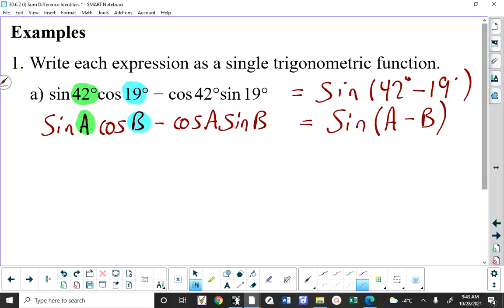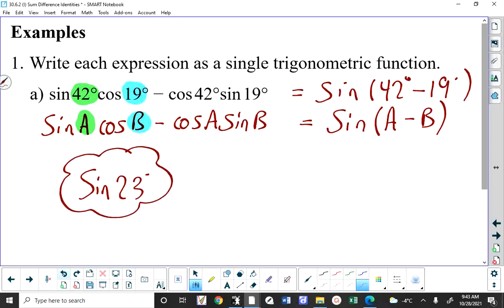Am I right? Is it 23? So sine of 23 degrees. And again, we're into an area here where it's like, seriously, who cares? Well, I care because I'm trying to teach you that this identity is a way to compress things down. Because they're numbers, it wouldn't really be a great tool. You could just put it into your calculator anyway. But when we get to algebraic expressions, it becomes important. Any questions with 1a?